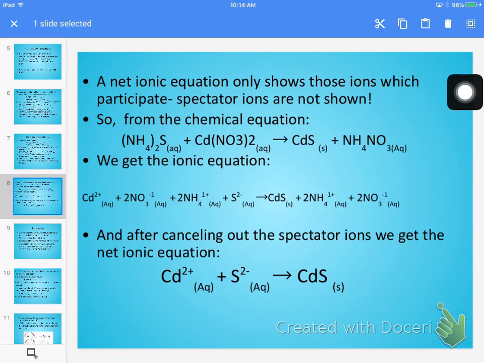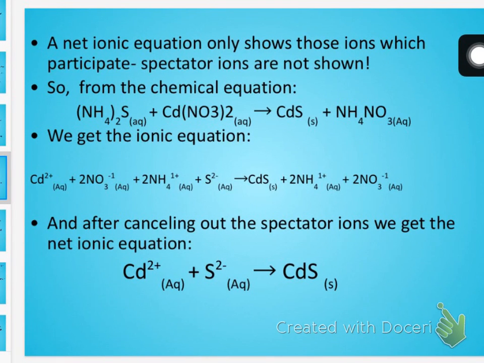So we cancel them out, and what we're left with is our net ionic equation, because net ionic equations only show the ions that actually participate. So there's our net ionic equation. They're hard. The overall equation is hard to always fit on a line, but we'll do it. So let's do one more together, and then I'm going to give you practice.